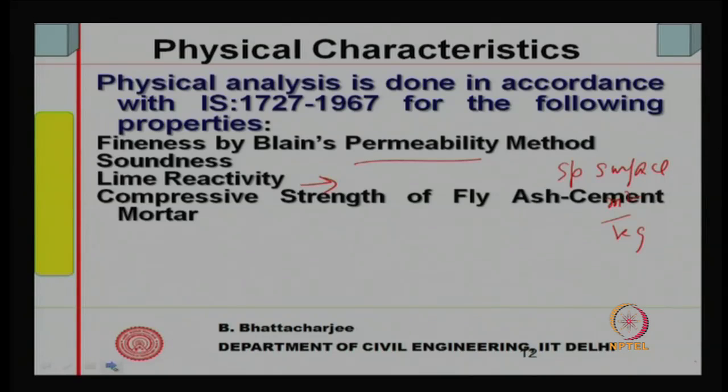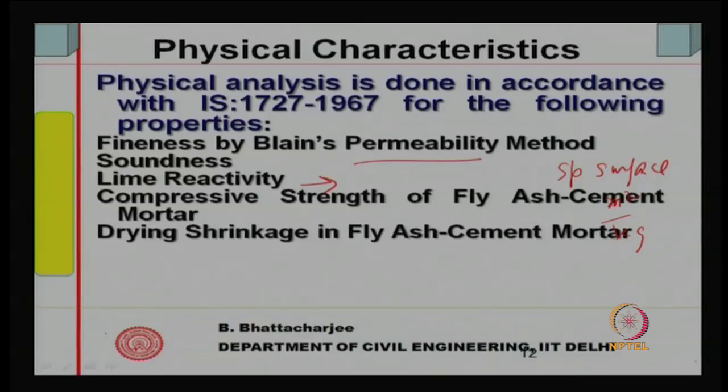Then we have the compressive strength of fly ash cement mortar, a similar test, but this time we have cement and fly ash in standard proportion in the mortar. Then drying shrinkage of fly ash cement mortar, not very important or common. Specific gravity can be measured by Le Chatelier's bottle, like we normally do for cement.